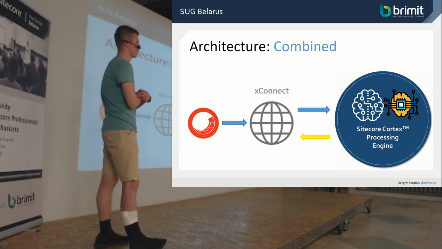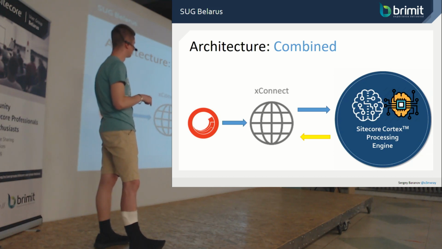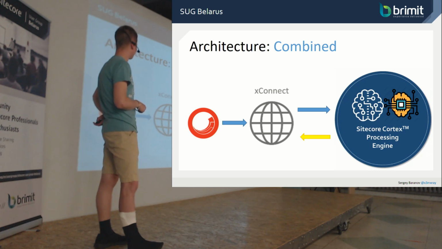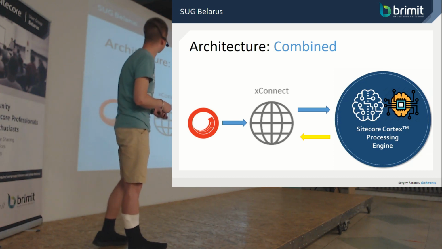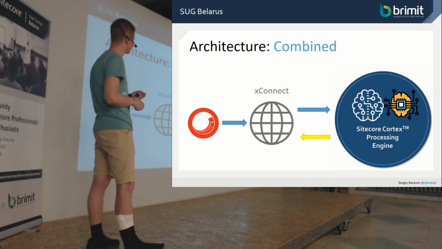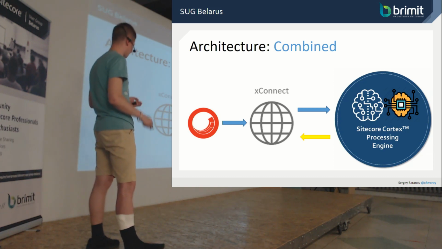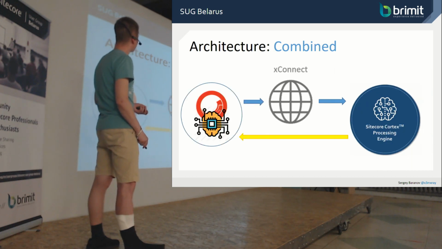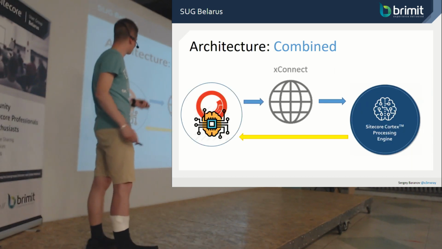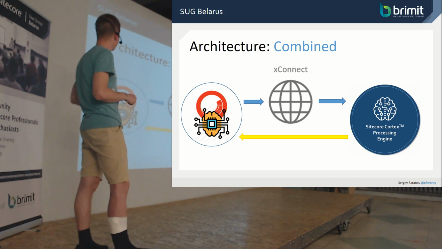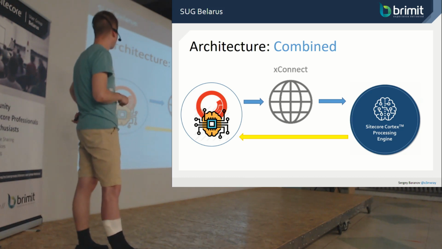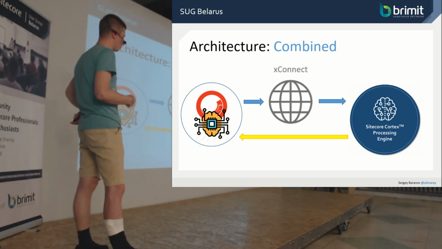And if you have experience with marketing automation, it will be easy for you to start working with it. Now, this architecture is about the same as the first one, just we move our ML logic directly inside processing engine.